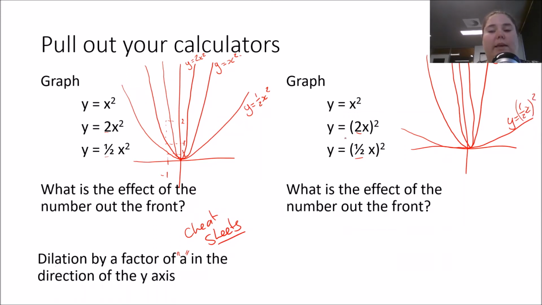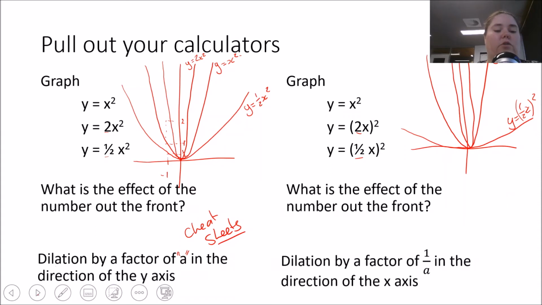And when we multiply the x by a number, we're actually dilating in the direction of the x-axis by a factor of 1 on a. So that's saying when I have my y value of 1 here, this guy is a half. This guy's at 1 and this guy is at 2. So for our second graph here, that has a 0.2 1.